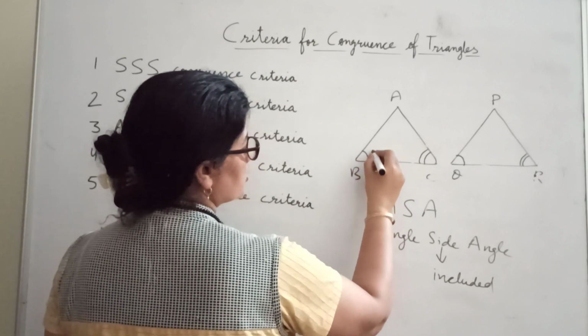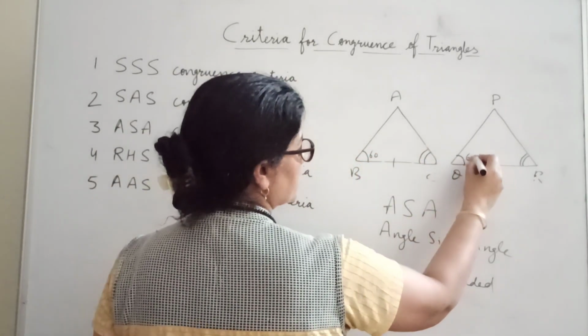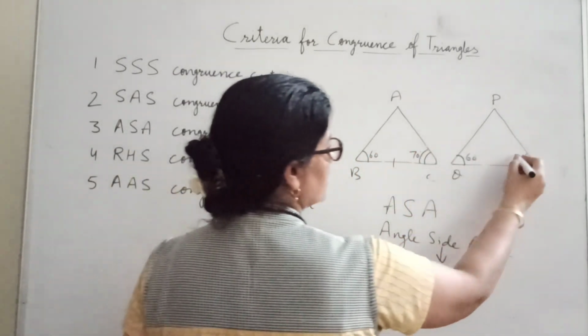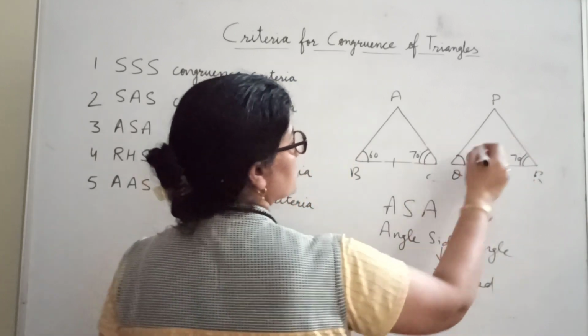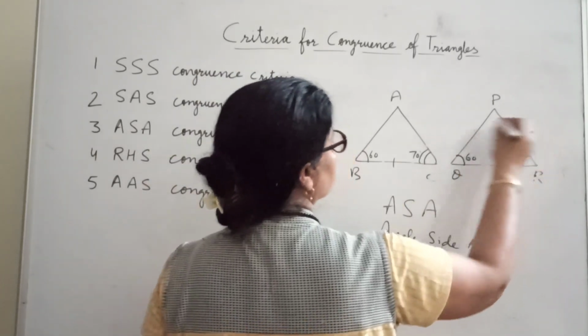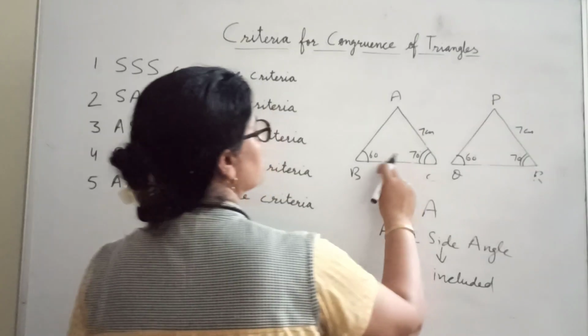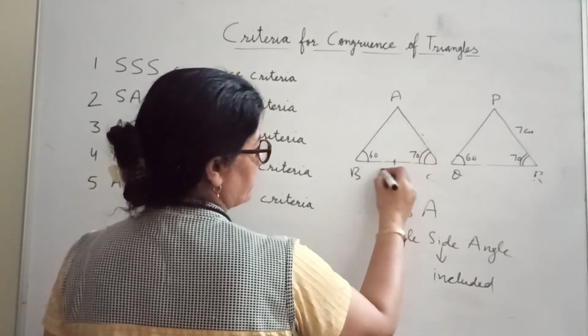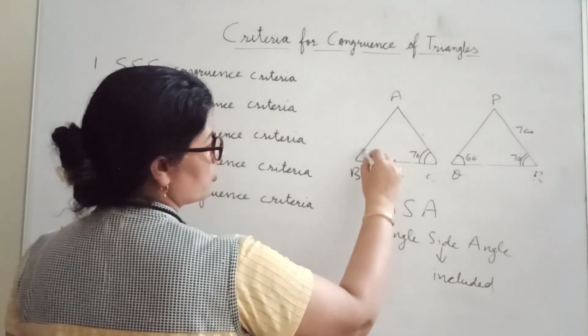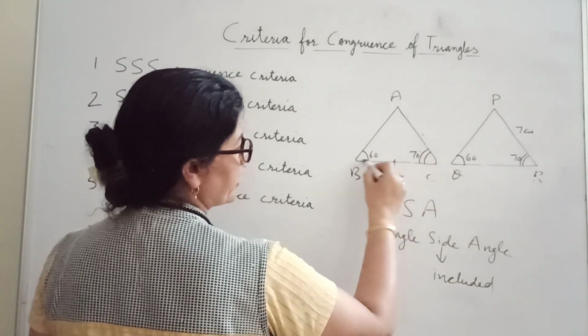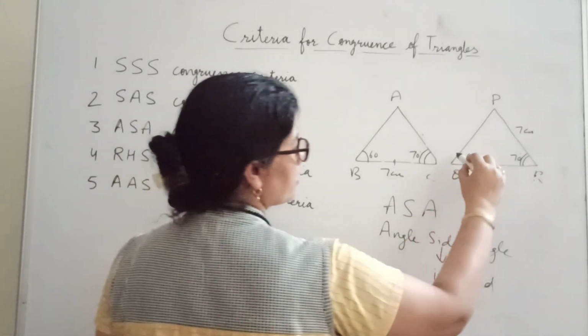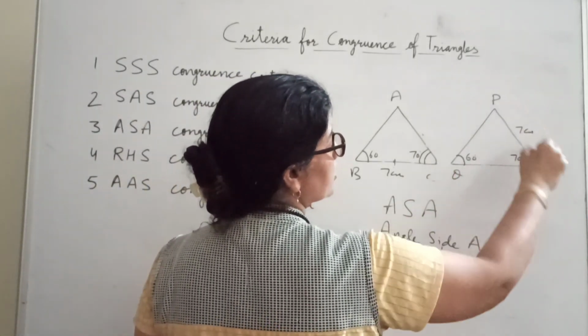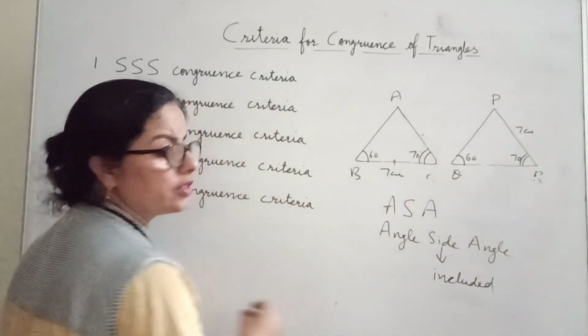Suppose this angle is 60 degree, this angle is 60 degree, this angle is 70 degree, this angle is 70 degree, and this side is 7 centimeter. This side is also 7 centimeter. Now here two angles and the included side between them are given to us, but here two angles but the side is not included. So these triangles will not be congruent.